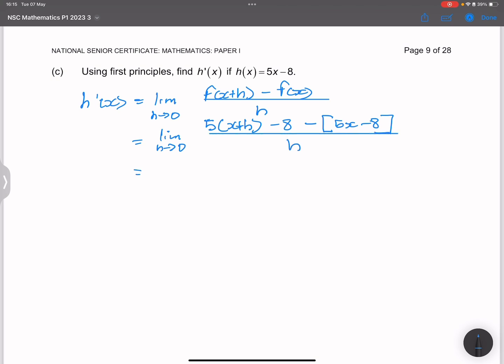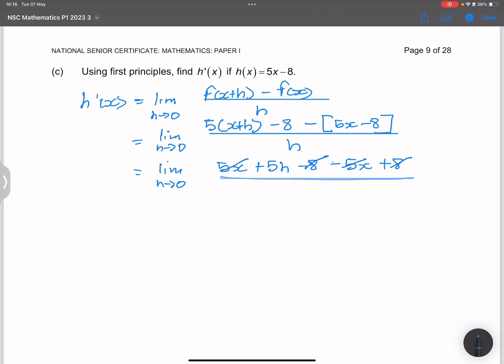And all we are going to do is try to simplify that. So we've got 5x plus 5h minus 8 minus 5x plus 8. And of course, you see this and that will cancel. Negative 5x and 5x will cancel.